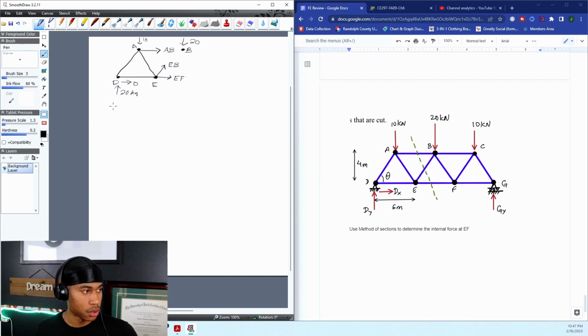So we're going to do the sum of the moment at B is equal to, just go from left to right, and that's going to be a negative 20, right? And then times, well, what's my distance from Dy to point B? Well, it's 6 plus 3.